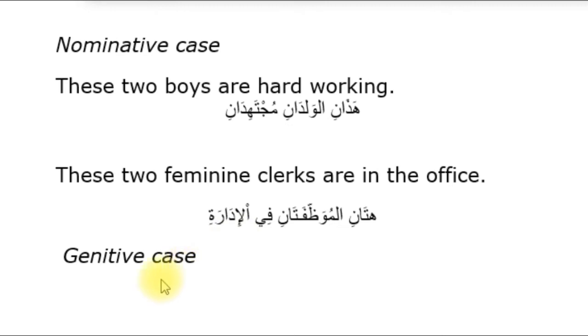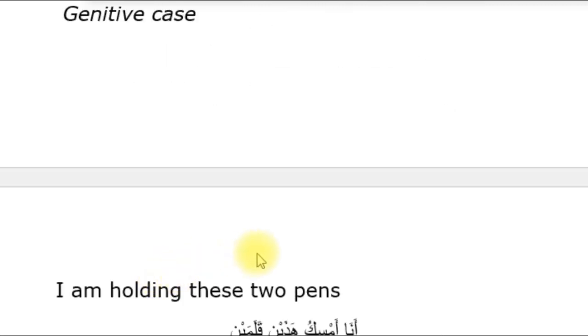Let's observe genitive case. I am holding these two pens. Holding is a verb, so it needs an object. So these two pens becomes an object. To make this object, the word for the two pens, قلمين.